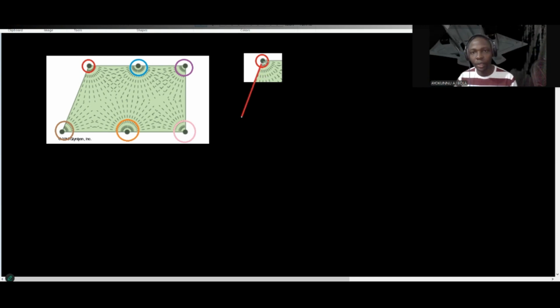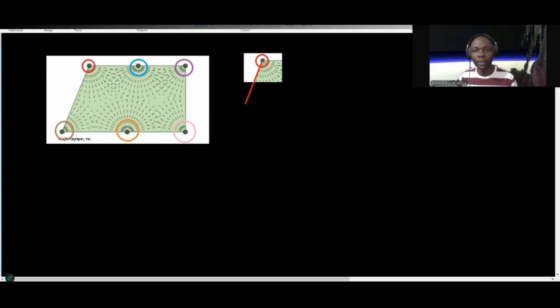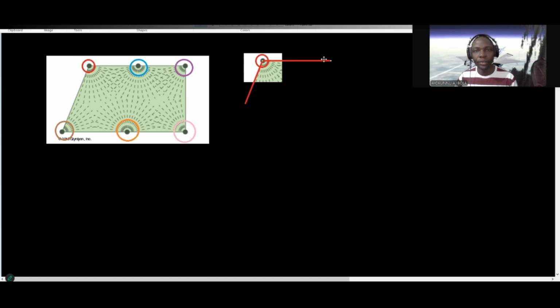So all of these have their definite angles, okay? If I bring the first one, you're going to see an angle formed like this. From the center, this is a straight line, and this is another straight line. So you can see the angle, right?